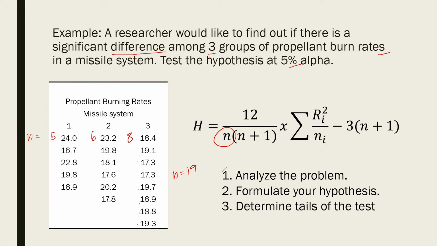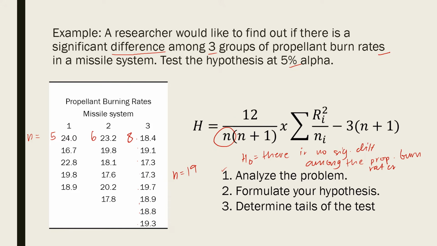So next, we have to formulate our hypothesis. I'm just going to formulate the null. There is no significant difference between, or among, sorry, since we're talking about 3 groups, among the propellant burn rates.